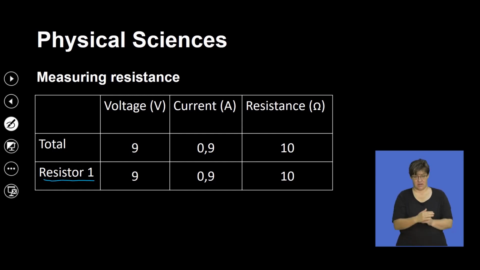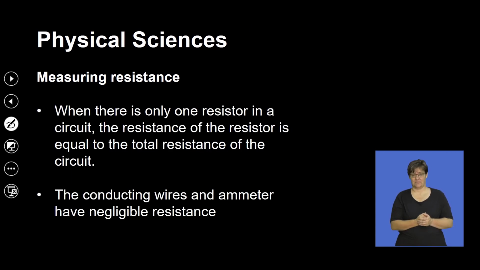In other words, the resistance of R1 equals R total, if and only if R1 is the only resistor in the circuit. So we're simply trying to say, as long as there is a single resistor, that resistor is what accounts for the total resistance in the entire circuit, right? Okay, now we are clear with that.